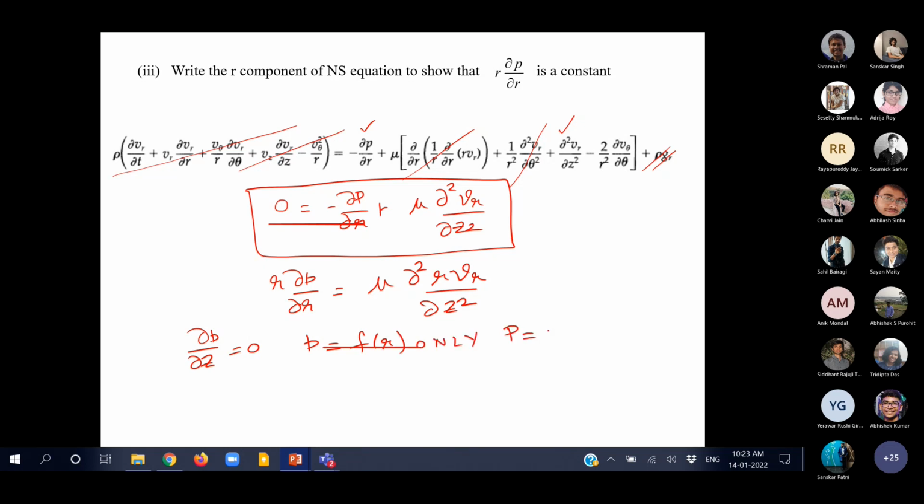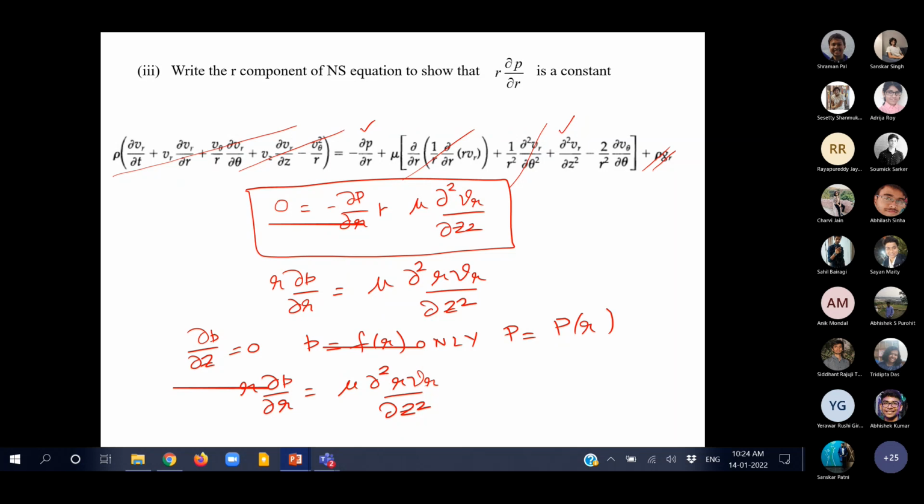So I can write P as P of R, and therefore R del P del R is equal to mu times del square R VR by del Z square.